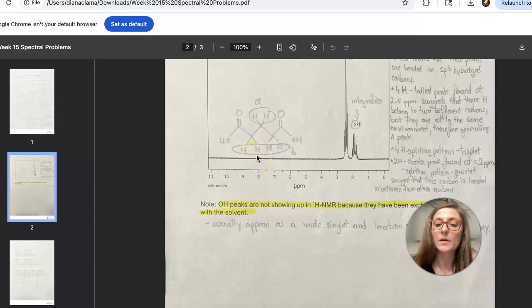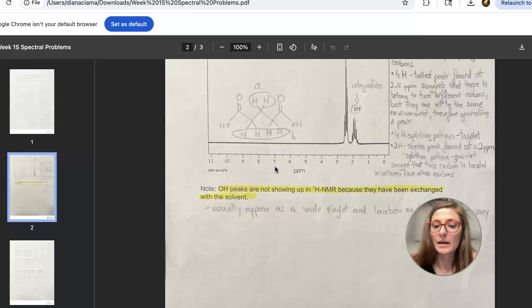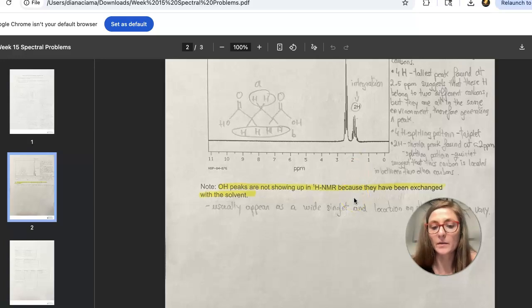Looking at the molecule, the hydrogens designated as A are surrounded by 2 hydrogens on each side, which generates a quintet following the n+1 rule. This also suggests that it's in between other sp3 hybridized carbons.